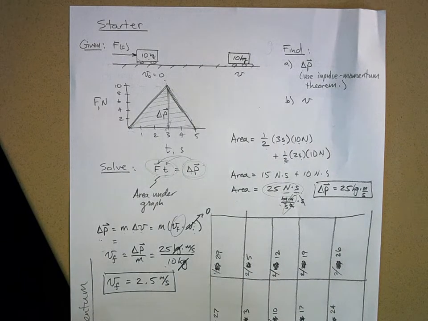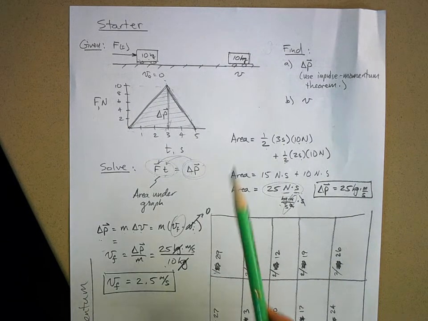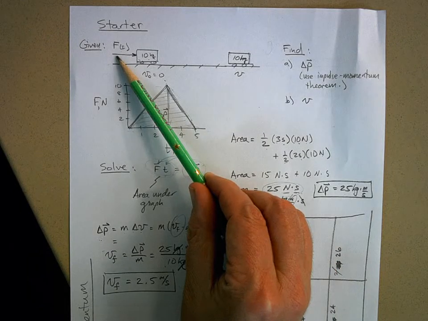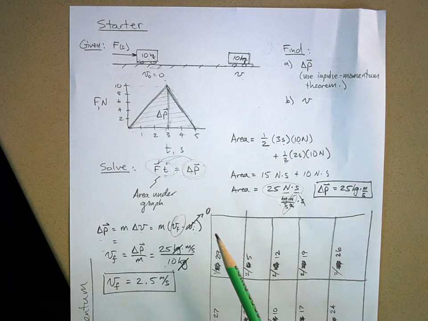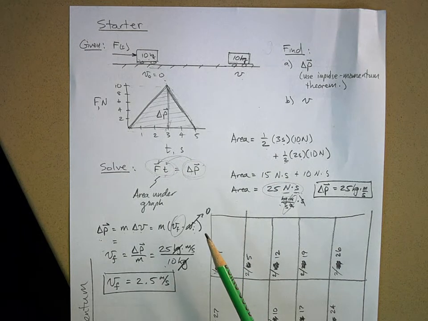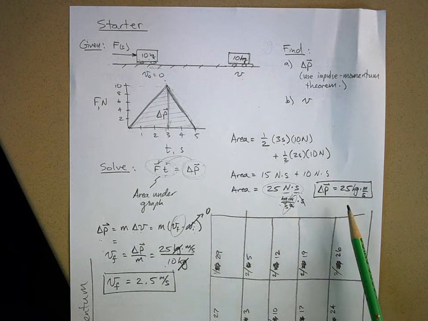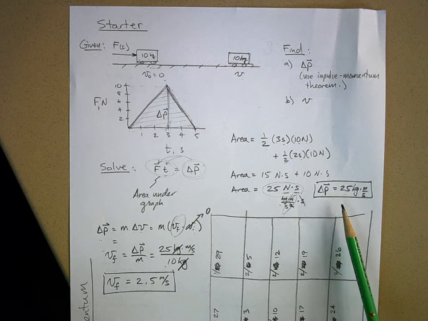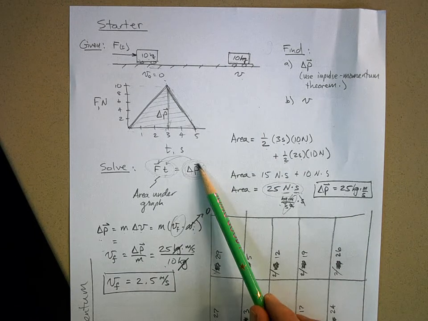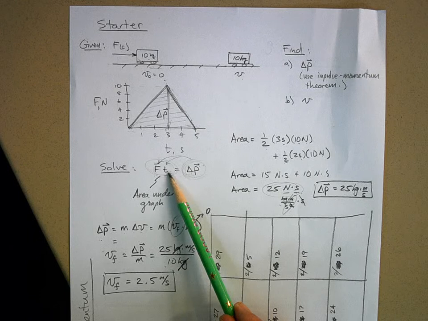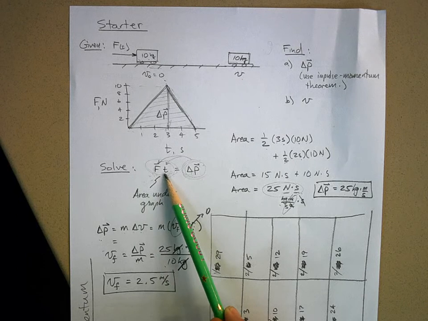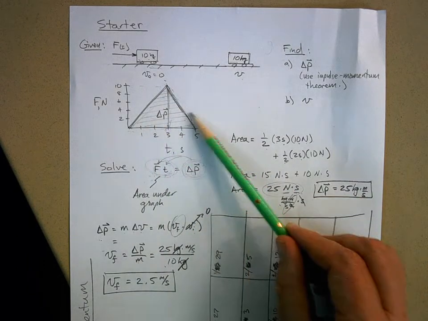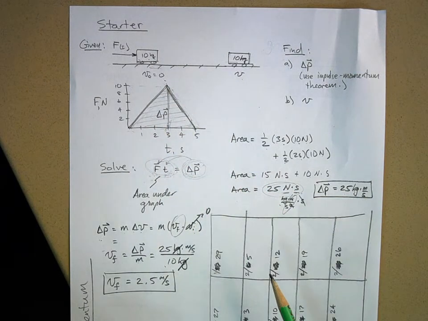The moral of the story is this: if I have a force function that varies with time, I can still figure out what the final velocity is by using the impulse momentum theorem, which says the change of momentum of my object is equal to the impulse, and the impulse is just the product of force times time. Here the force is a function of time, so I have to graph it and look at the area underneath it to get that product.